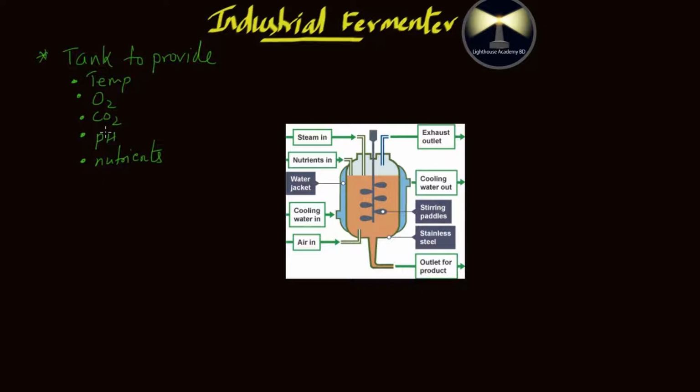Today we will be discussing an important product, penicillin. The biggest advantage of using an industrial fermenter is to produce penicillin. All of you know about penicillin, right? Worldwide in the medical industry, penicillin is an important drug used to create antibiotics.